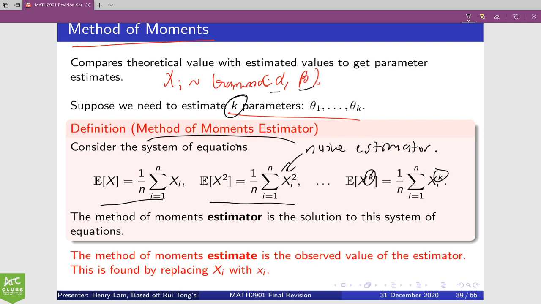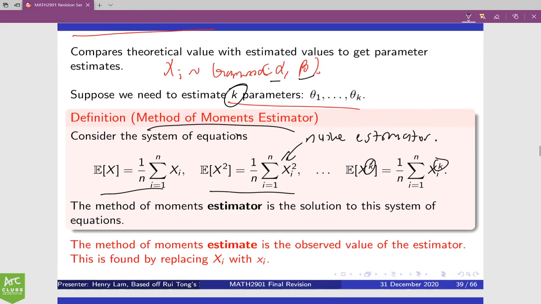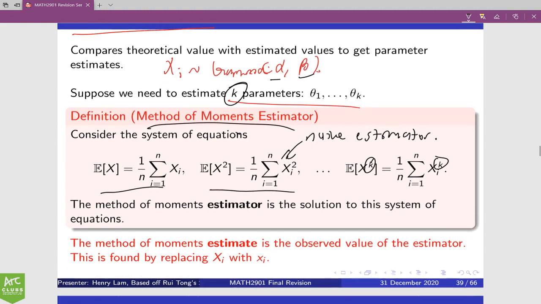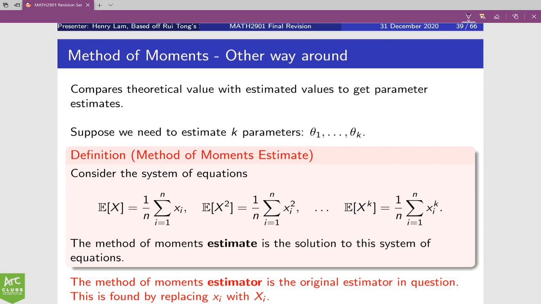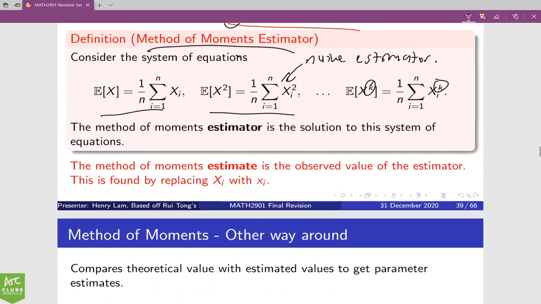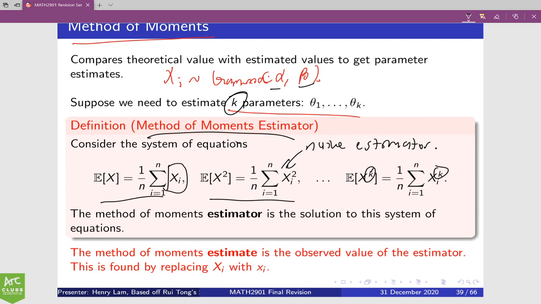Oh no, to get a unique solution, I should say. Right, that should be fine. And this is just a brief slide about how estimate and estimators are different, but that's not too important really. You can just work with estimators.